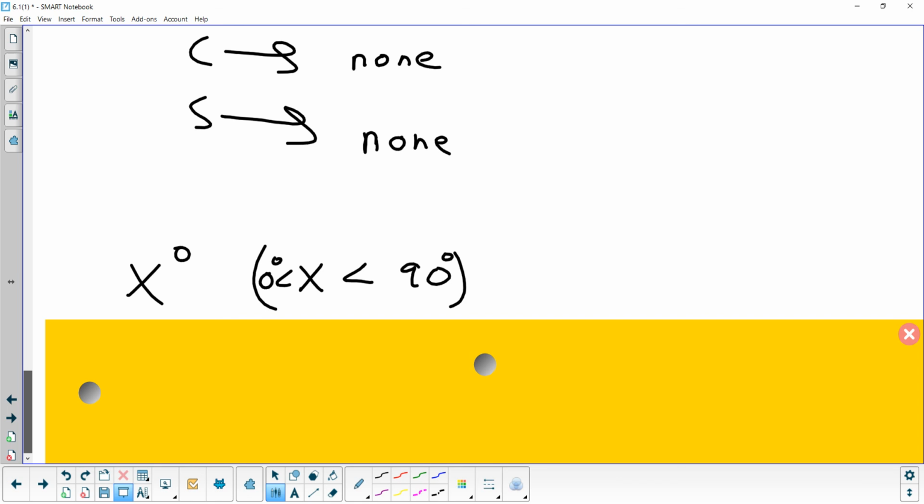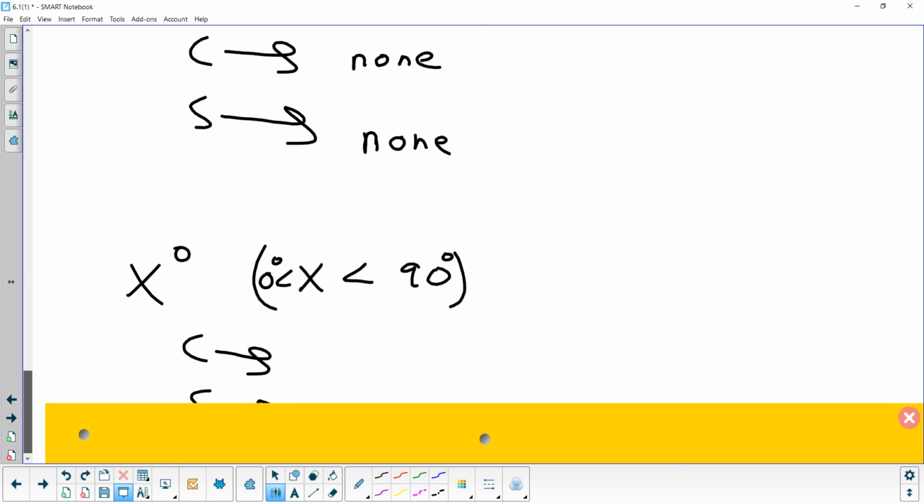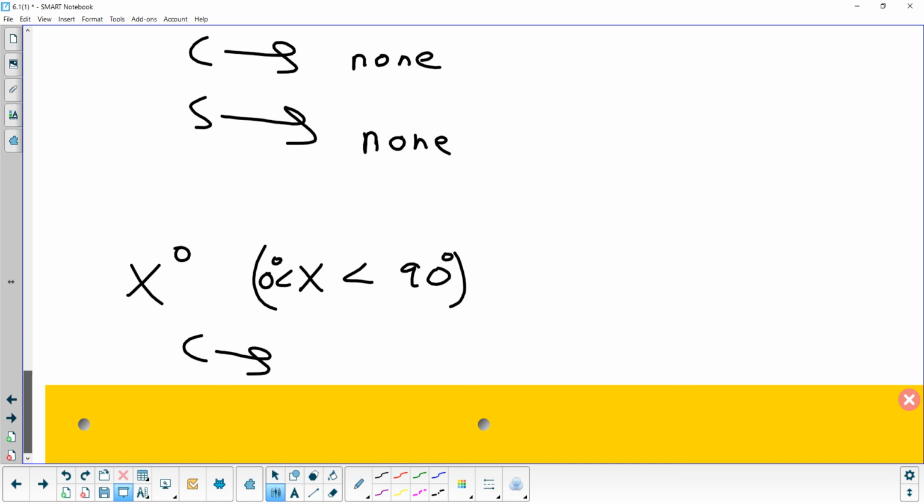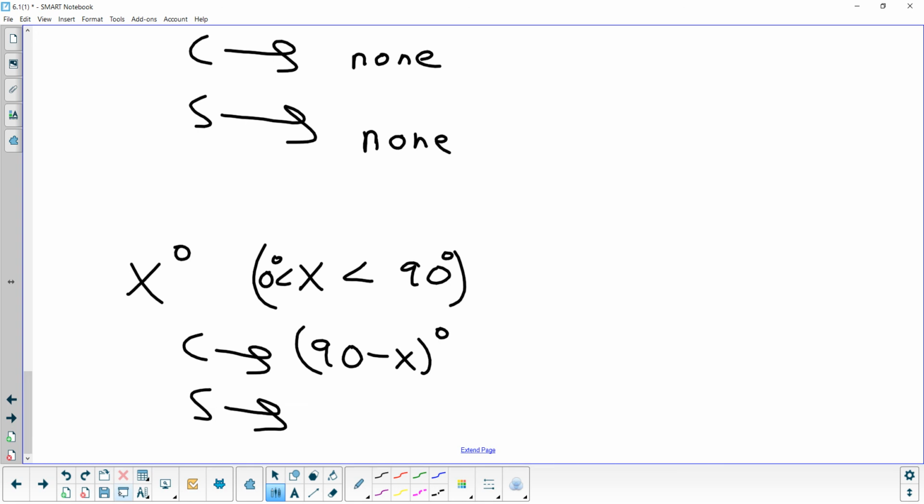It doesn't have one. So we'll assume that x is between 0 and 90. So, what's the complement? Is it 90 minus x? 90 minus x. And what about the supplement?